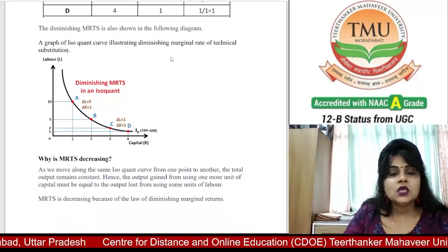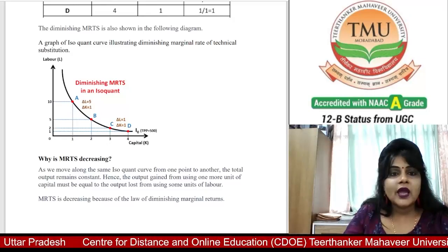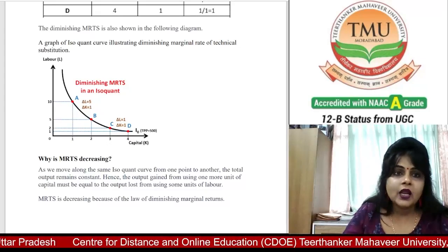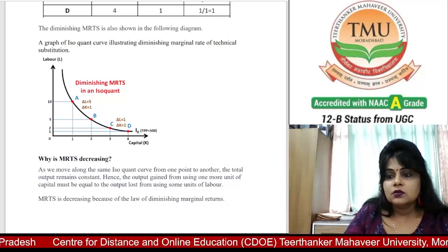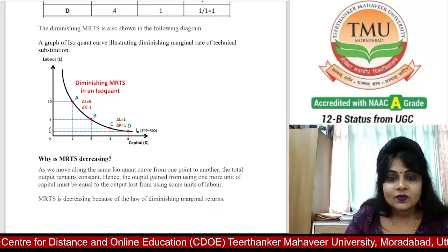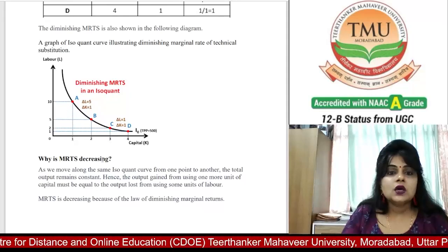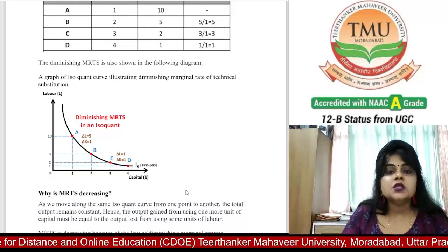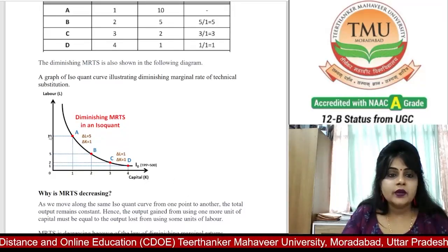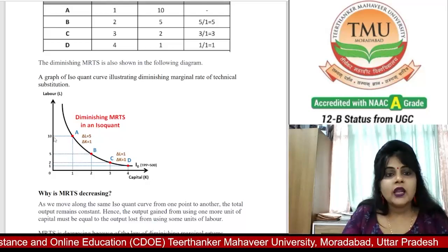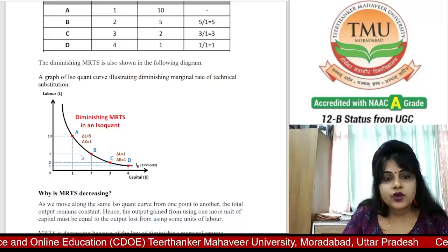You can also see here in this graph, on the x-axis we put capital and on the y-axis we put labor. Here you see on the A combination, the producer uses 1 capital and 10 units of labor, and he gives up 5 labor and increases 1 capital.